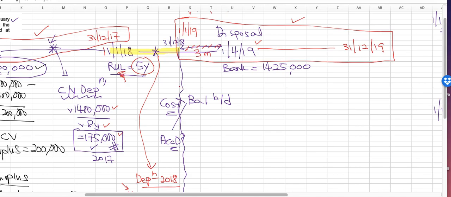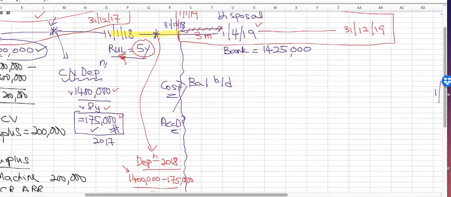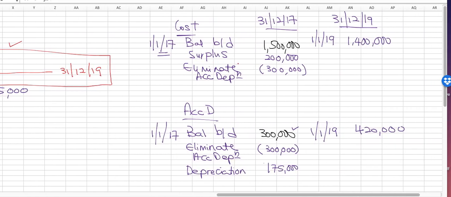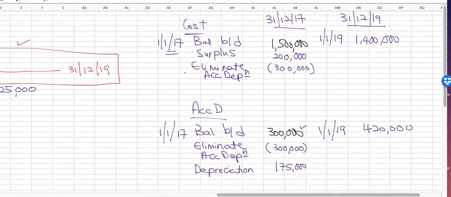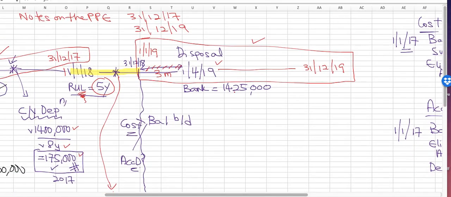Okay? So first you have to know what is the current year depreciation in 2019.